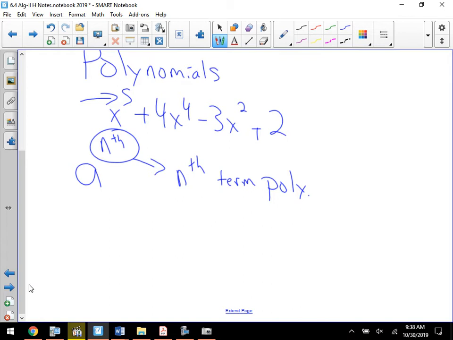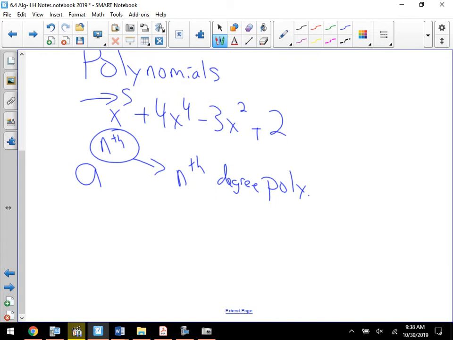It's an nth degree polynomial. Sorry, I didn't mean the right term there. Degree. We've been dealing with quadratics, which were 2nd degree. We had 2nd degree polynomials, we have 3rd degree polynomials, 4th degree polynomials, and so on and so on.